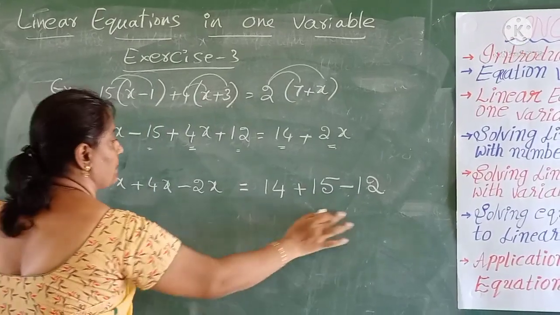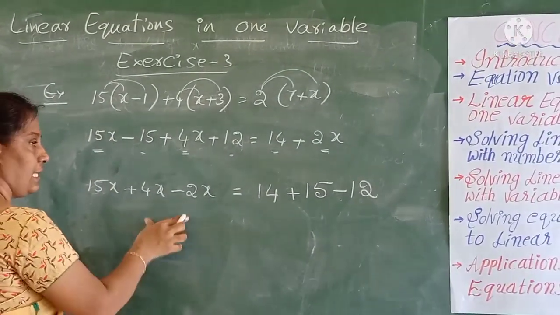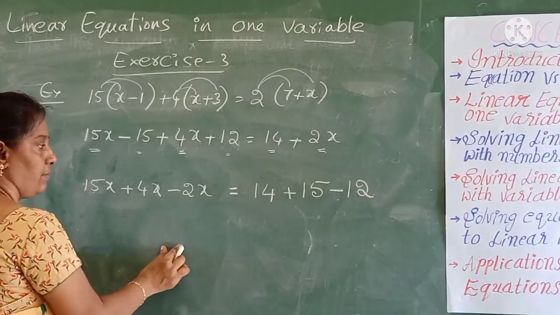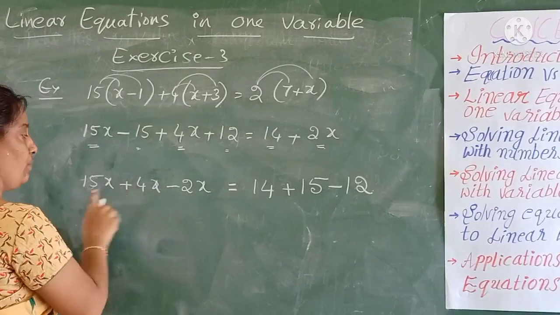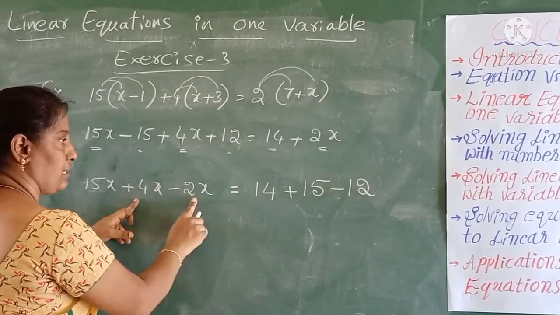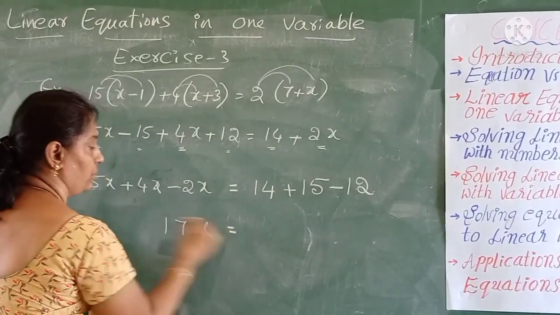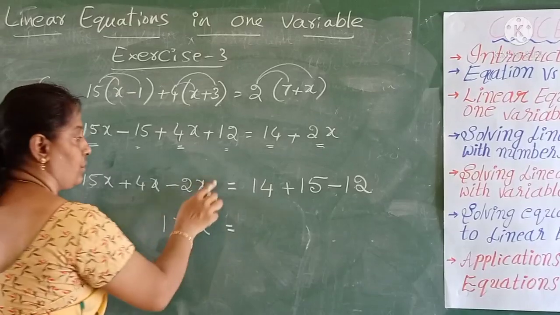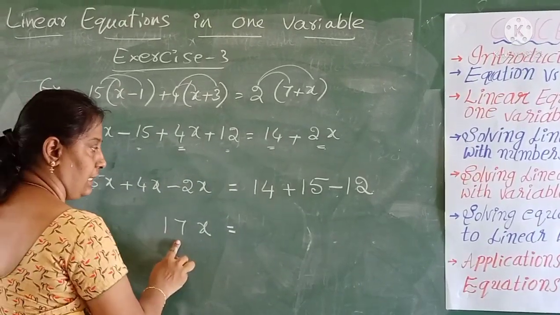We have to solve this linear equation by reducing the variables and reducing the constants. So 15x and 4x: 15 plus 4 is 19. 19 minus 2x is 17. So we get 17x here.